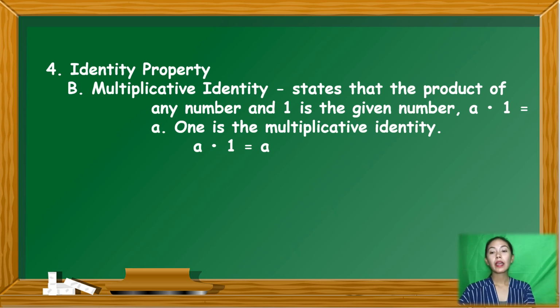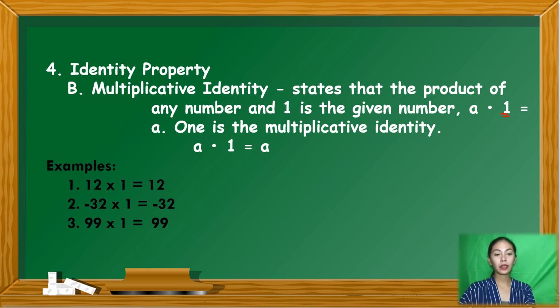So a times 1 is equal to a. Our 1 is called the multiplicative identity. Any number multiplied by 1 is equal to itself. Example, 12 times 1 is 12. Negative 32 times 1 is negative 32, and 99 times 1 is equal to 99.